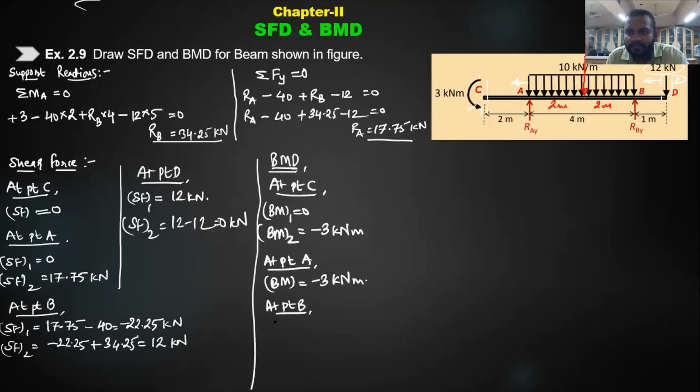So we have minus 3 from the left side, plus the reaction RA at a distance of 4 meters. RA की वैल्यू हमारे पास है 17.75, so minus 3 plus 17.75 into 4, then minus 40 into 2.